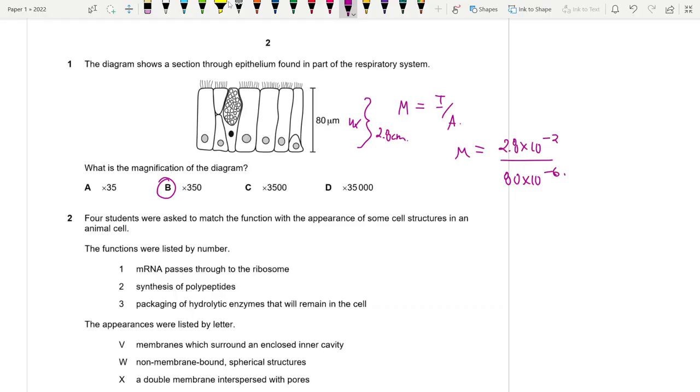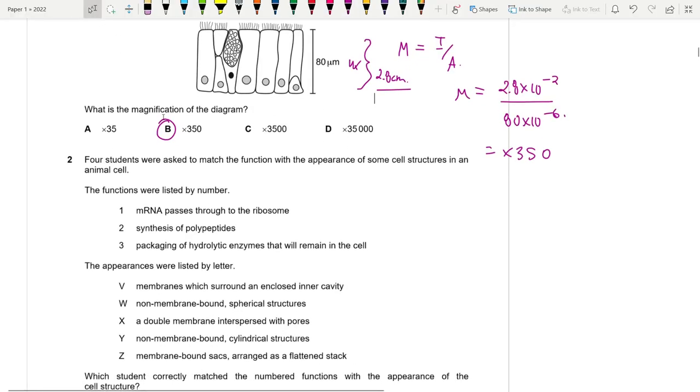So 2.8 into 10 to the power minus 2 divided by 8 into 10 to the power minus 6 gives you an answer of 3005. I messed up a little bit. It's fine. 2.8 into 10 to the power minus 2 divided by 80 into 10 to the power minus 6 gives you an answer of 350. So the magnification is 350. It should be about 2.8 centimeters.